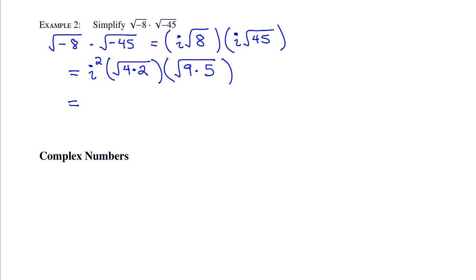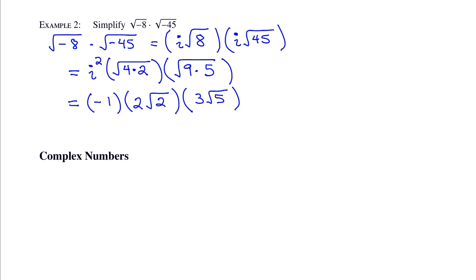Next, from above, we know that i squared is equal to negative 1. Then I can take the square root of 4, that's 2. I cannot take the square root of the other 2, so that stays on the inside. On the right side here, I can take the square root of 9, that's 3. But I cannot take the square root of 5.